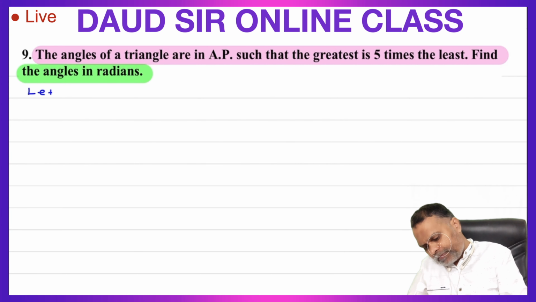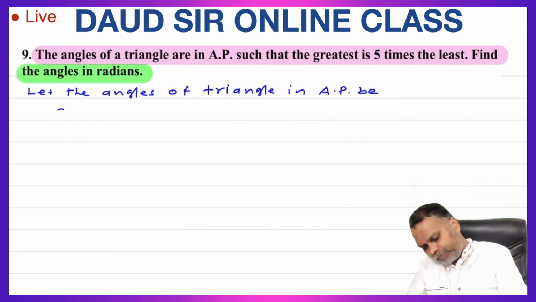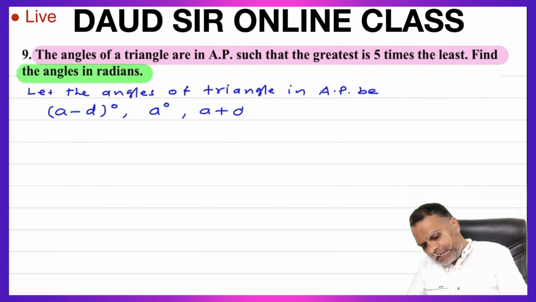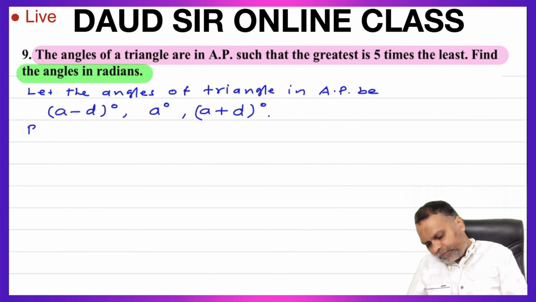Let the angles of a triangle in arithmetic progression be a minus d degree, a degree and a plus d degree. Use angle sum property first.